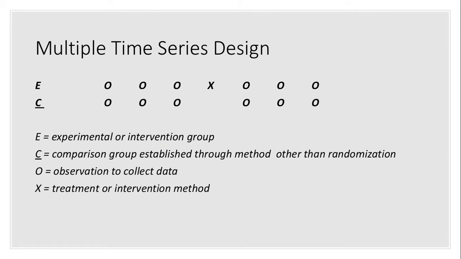What you have here is multiple time points at baseline, before the intervention is implemented, and then multiple time points afterwards. And the difference is now you've added in a comparison group, which is established through a method other than randomization.